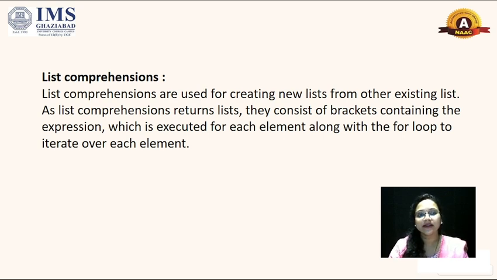This is the list that exists, and using that list we are going to create a new list. As list comprehension returns a list, they consist of brackets containing the expression which is executed for each element, along with a for loop to iterate over each element.